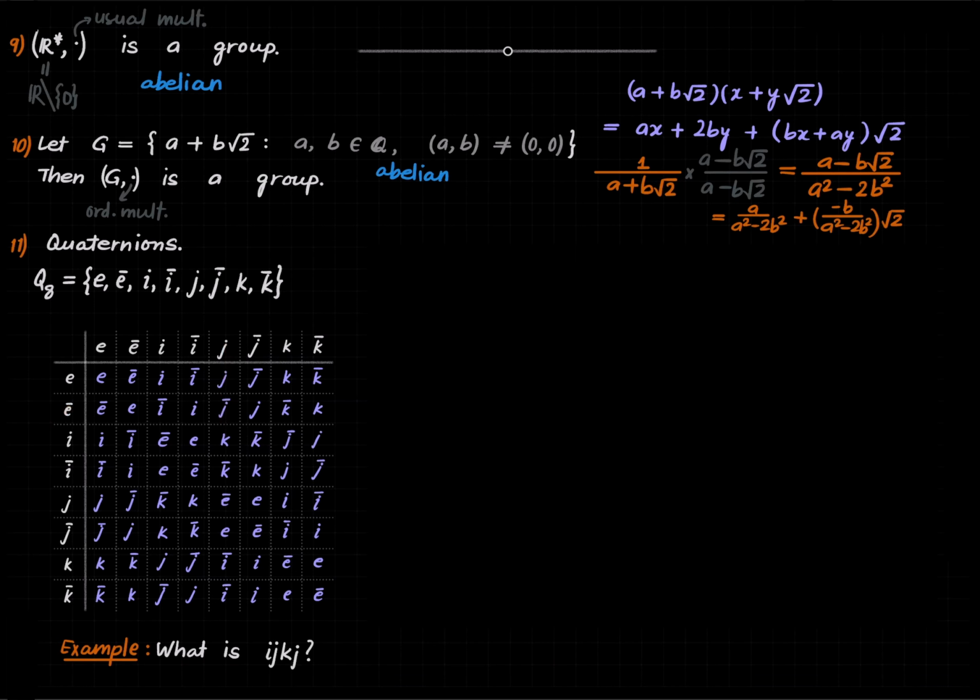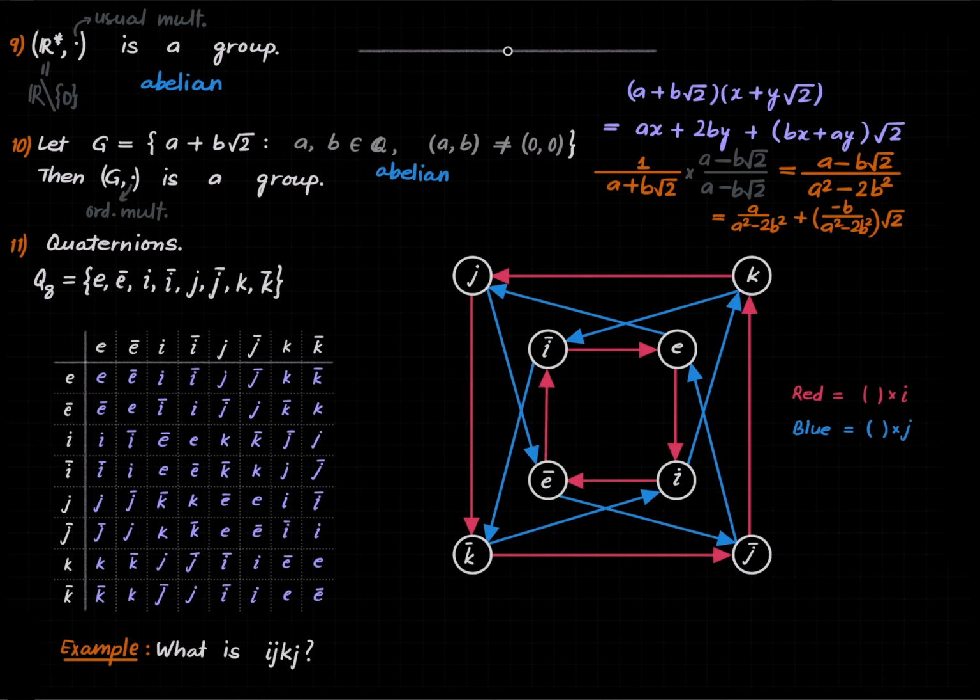Now, this is admittedly a very cumbersome way, or certainly not a human way of expressing things. We can express the same data by means of a diagram. So what do we have?